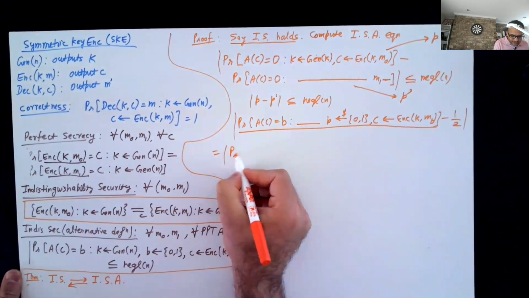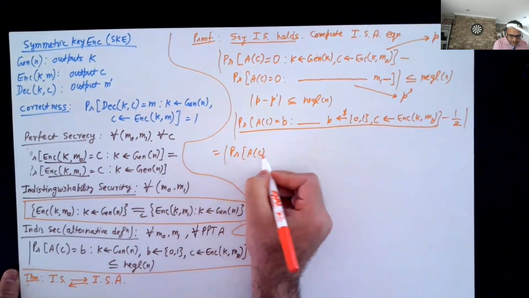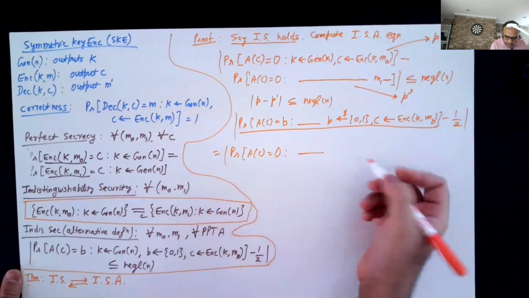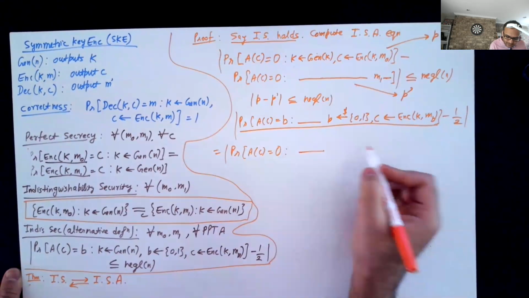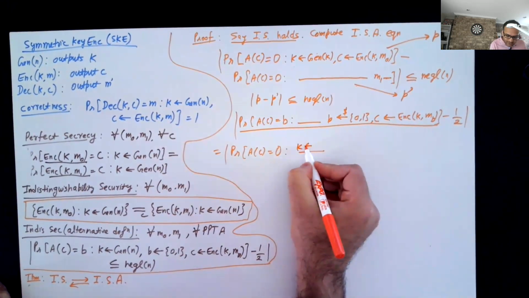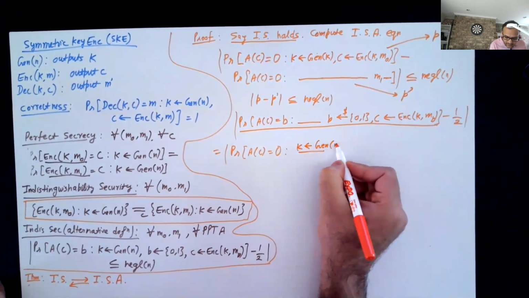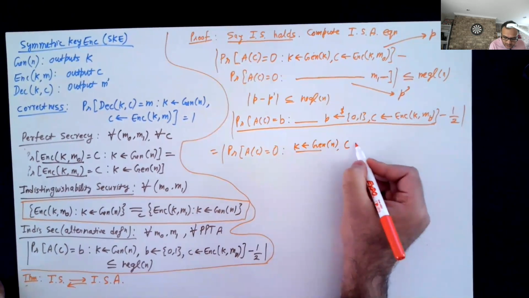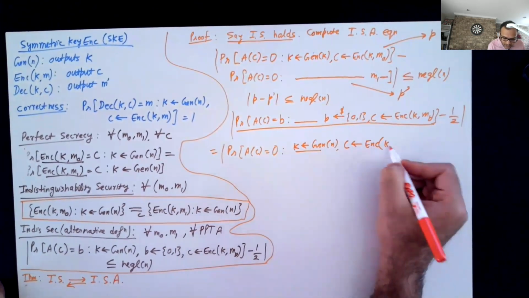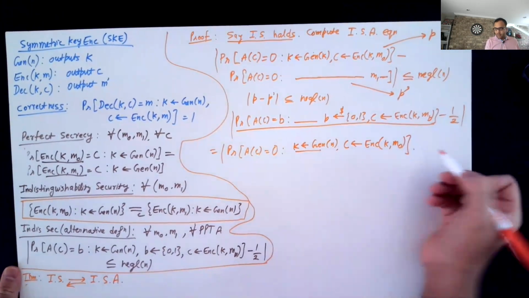So this is the probability that A of C equals 0 and K is sampled from keygen and C is the encryption of K comma M0, times the probability that B is half.